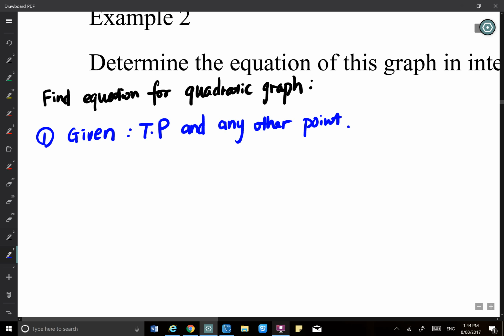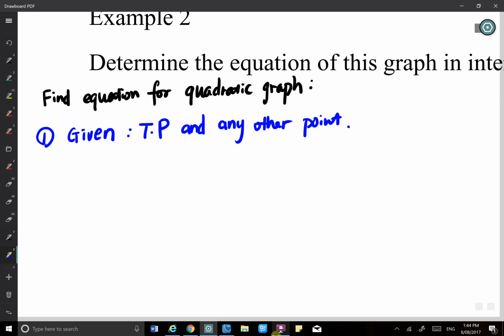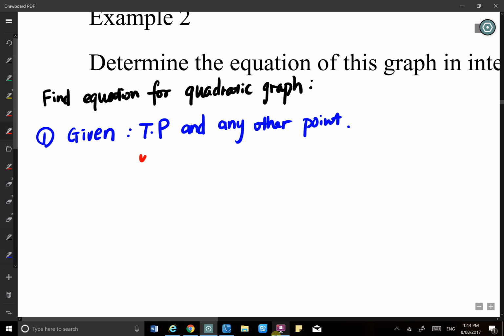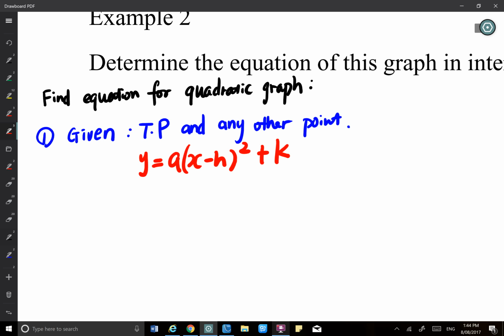Just one turning point and one other point, that's fine. We will start to write our equation as y = a(x − h)² + k, where h and k are the turning point.